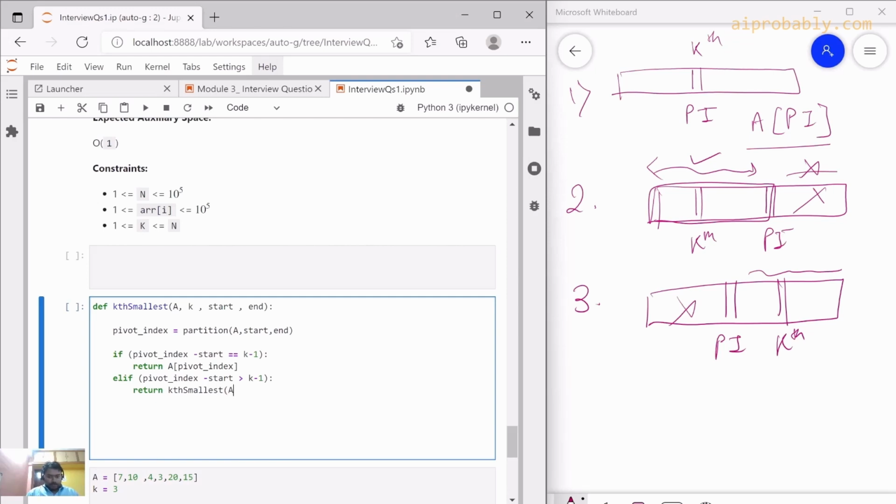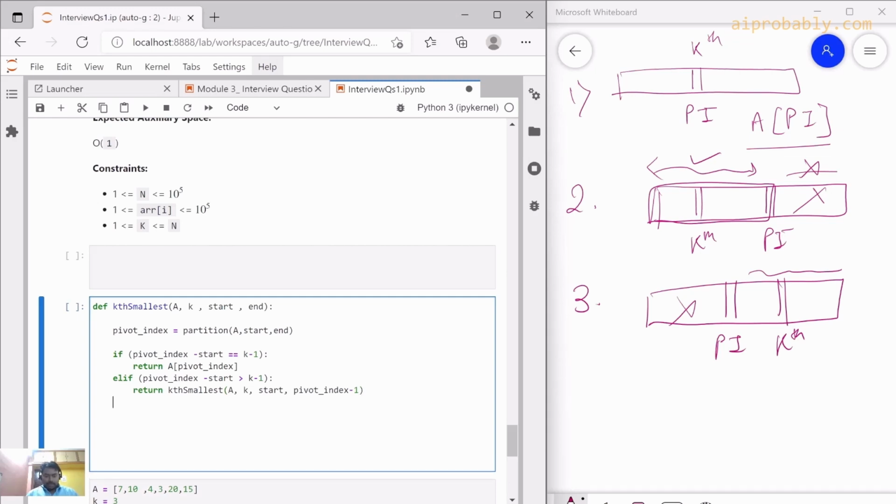I am starting with a, then passing the k value as simply k, then the start location as start, but here the end will not be the initial end, it will be pivot index minus 1.